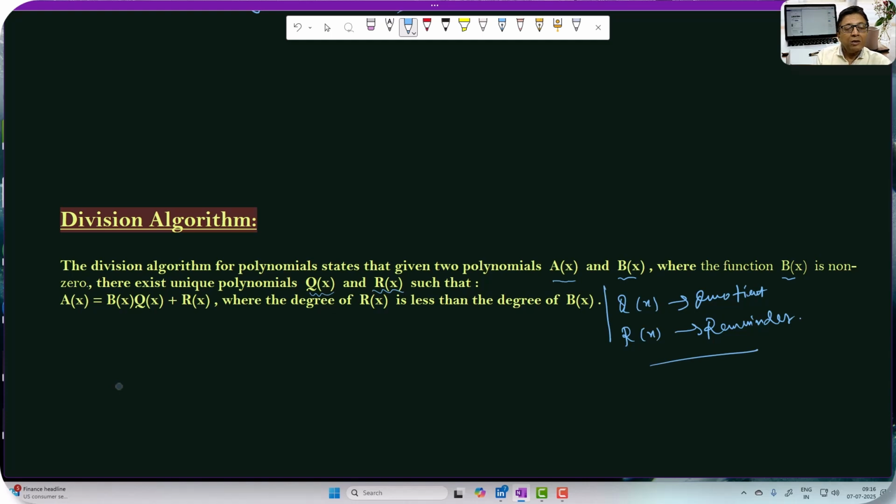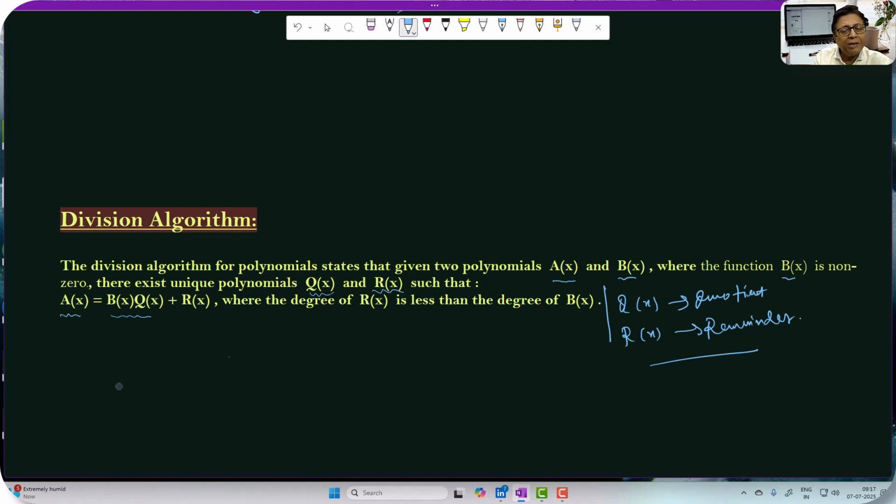So if you divide a polynomial a(x) whose degree is larger than b(x), then you can always express a(x) in the form b(x) q(x) plus r(x). And remember, the degree of r(x) should always be less than the degree of b(x), not equal. Then you could have divided once more.